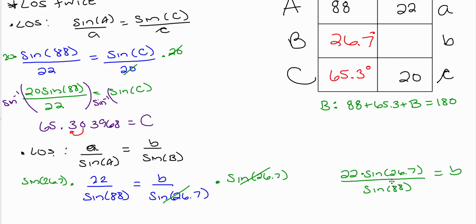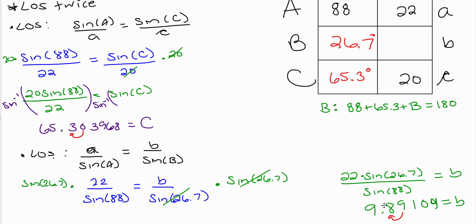Again, it opens up a parenthesis. And I'm going to type in 88, and I will close that parenthesis as well. I'll press enter, and it says 9.89104 is equal to b. It says round to the nearest tenth. So this 9 makes that 8 go up to a 9. So my little b is really 9.9.